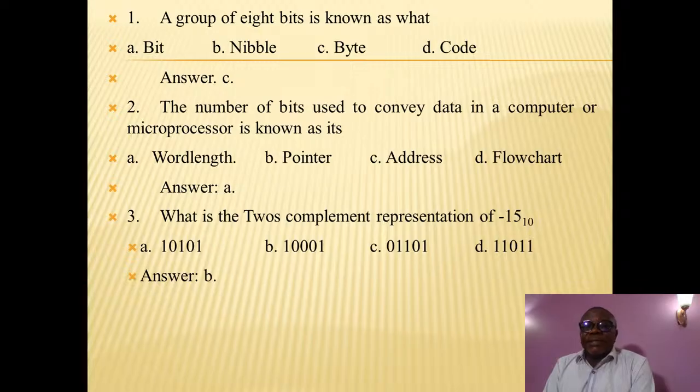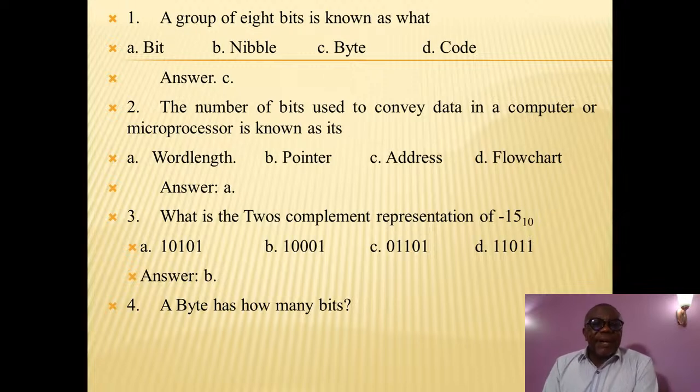So you append a 0, which, because of the negative sign, you complement, it will give you 10000. You add 1 to get the 2's complement, and it makes it 10001, which makes B the answer.